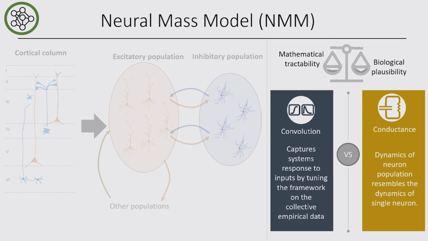What that implies is that the behavior of the neurons in that population is very strongly synchronized and very similar, and that's what motivates the use of a mathematical form that is basically similar to the level of the single neuron, because all the neurons in the population are very coherent. So that's the idea with conductance-based models.